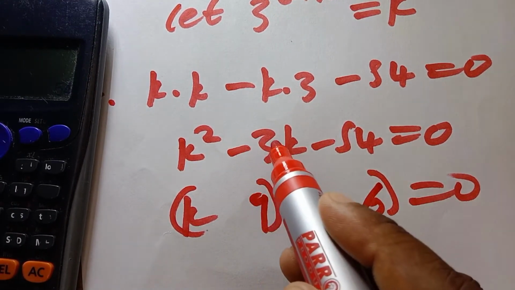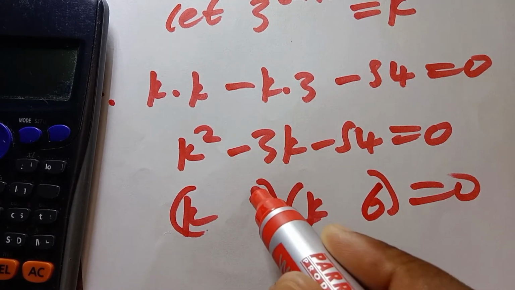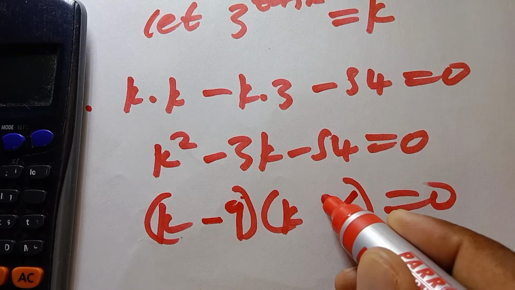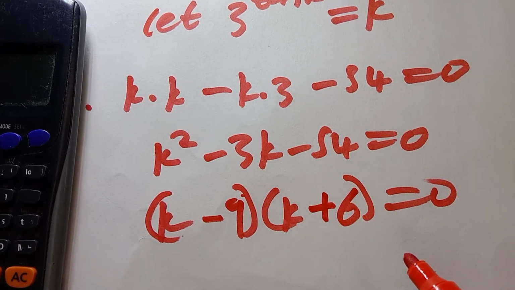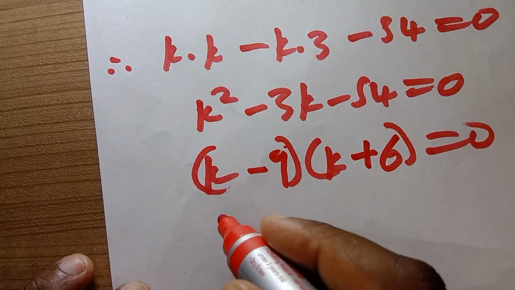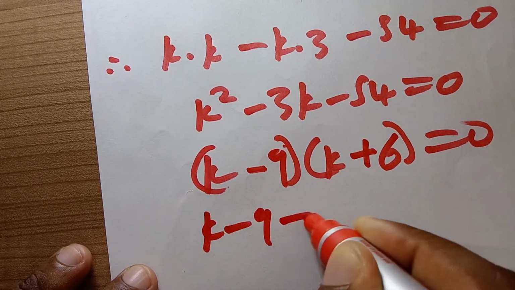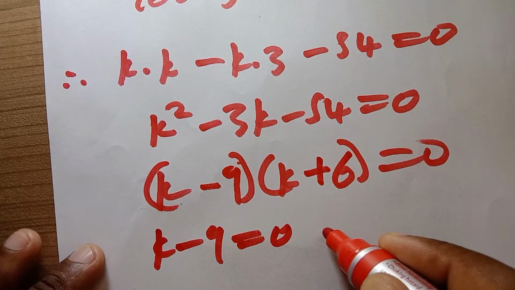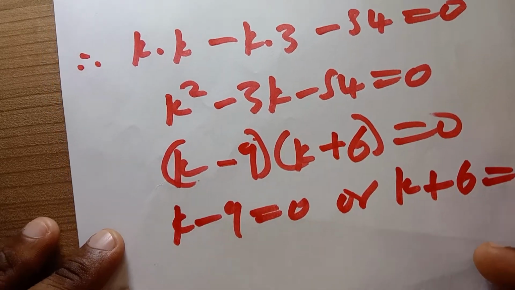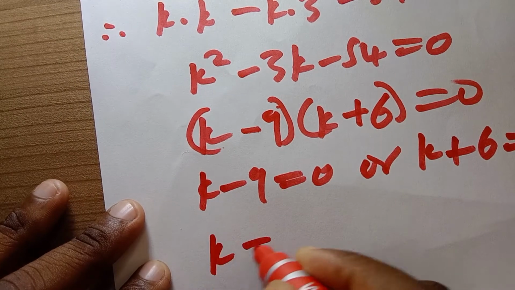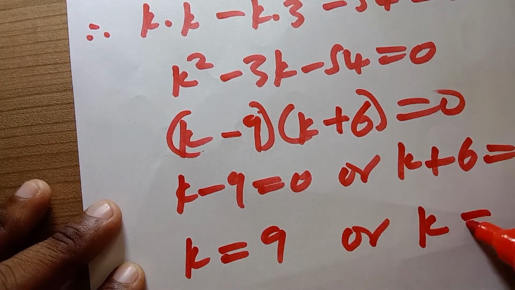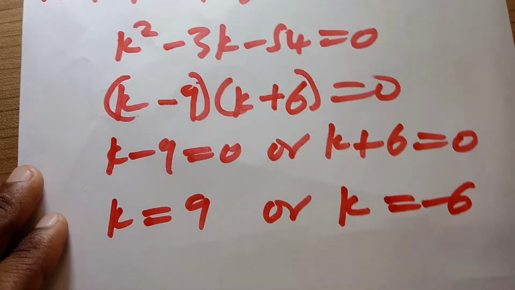Since the middle one is negative, the bigger one here should be negative, then here should have the positive. Then use the zero flow. I'm going to have k minus 9 equals 0, or k plus 6 equals 0, then my k should be equal to 9, or my k should be equal to negative 6.